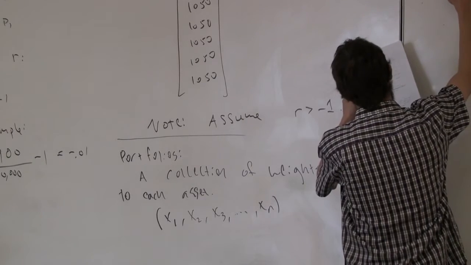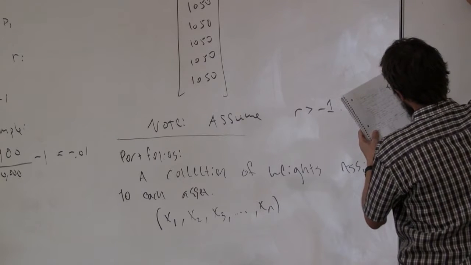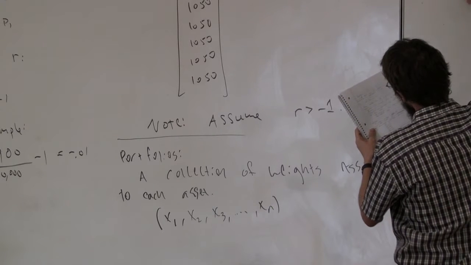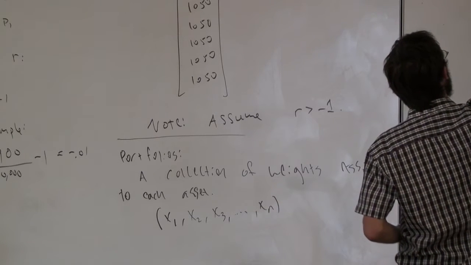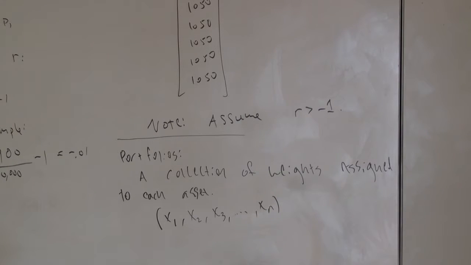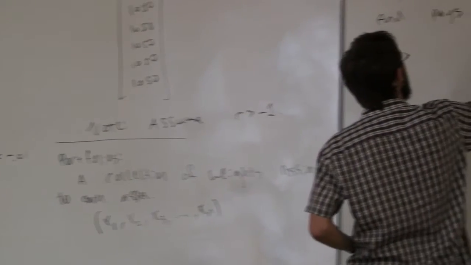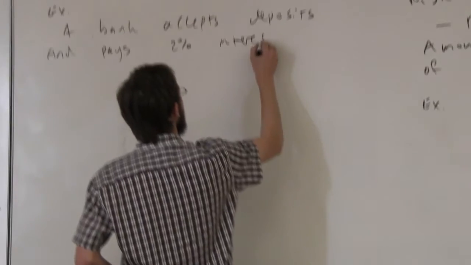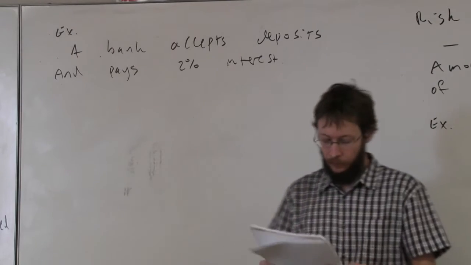So, let's take a look at an example where a bank accepts deposits and pays 2% interest. And it has a portfolio of investments.